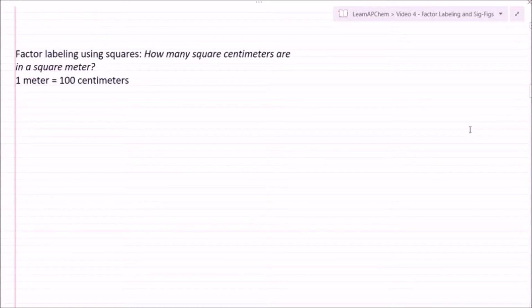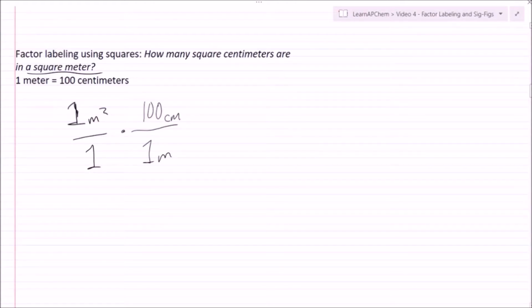Alright, now let's try factor labeling using squares. How many square centimeters are in a square meter, knowing that 1 meter equals 100 centimeters? So if I set this up as normal, I have square meter as our starting, so I'll write 1 meter squared over 1, and I know from our conversion factor that 1 meter equals 100 centimeters.